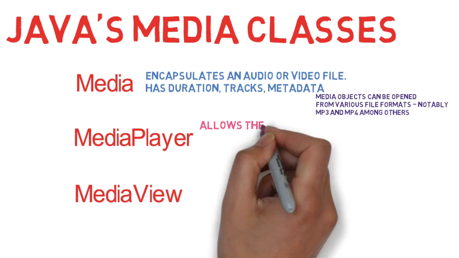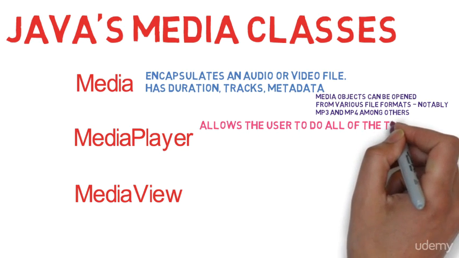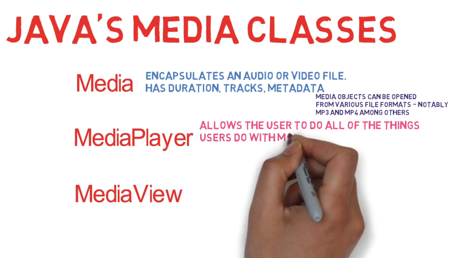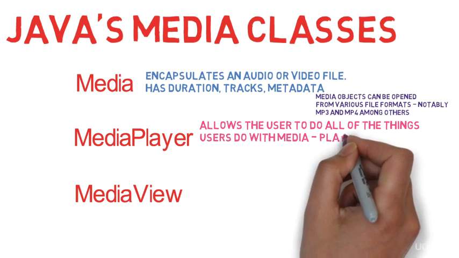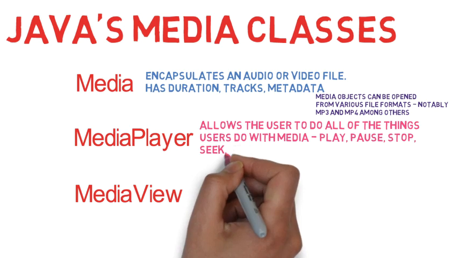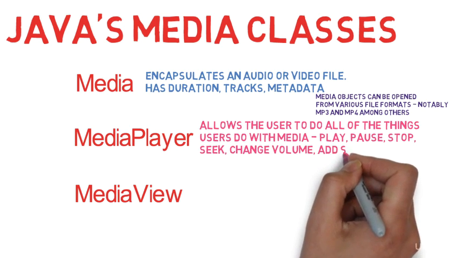The media player is what allows the user to do all of the things that we want to do with media. We want to play it, pause it, stop it, seek to a different position to view a different portion of the clip, change its volume, add subtitles, equalize tracks.